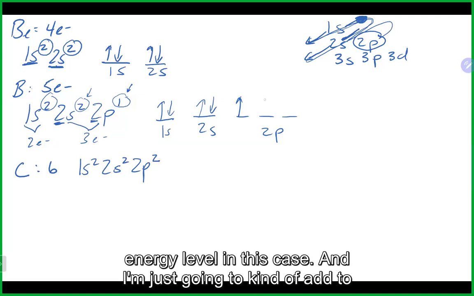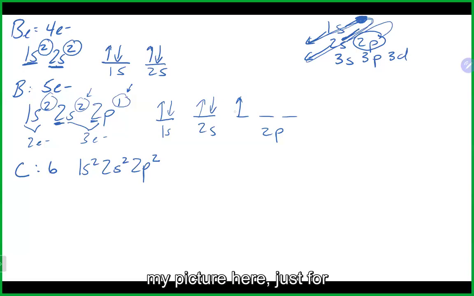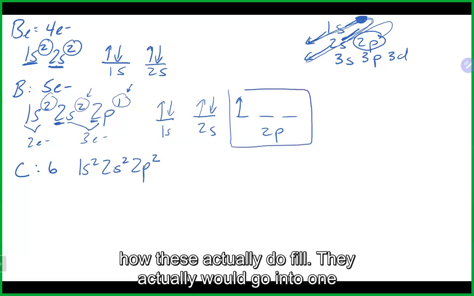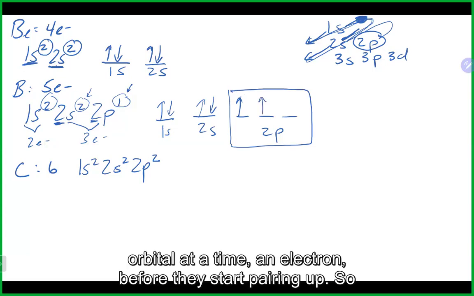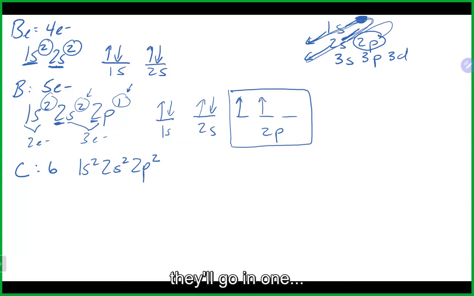And I'm just going to add to my picture here, just for how these actually do fill. They actually would go into 1 orbital at a time, an electron, before they start pairing up. So they'll go in 1 at a time until it's all full, which is nitrogen.